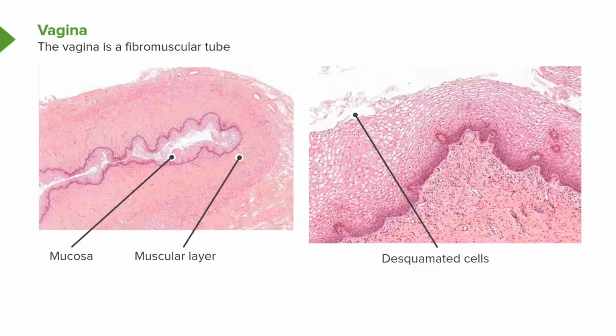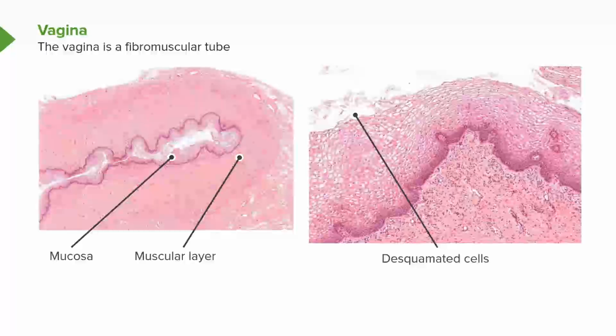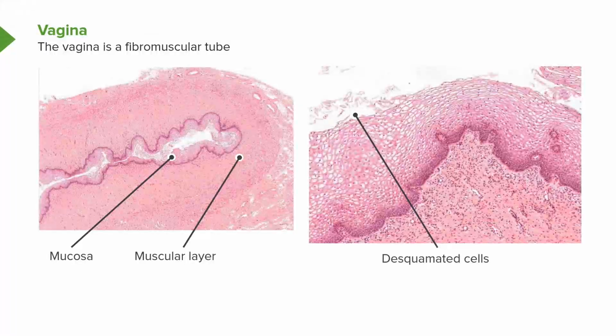You can see the very base of the layer of the epithelium sitting on a fairly tough fibromuscular connective tissue. The very dark purple lines, cells you see there, are going to be cells dividing constantly to replace cells above them as these cells are lost or desquamated from the surface, which is a natural continual process in the vagina.